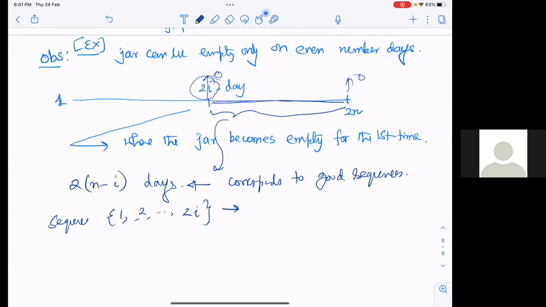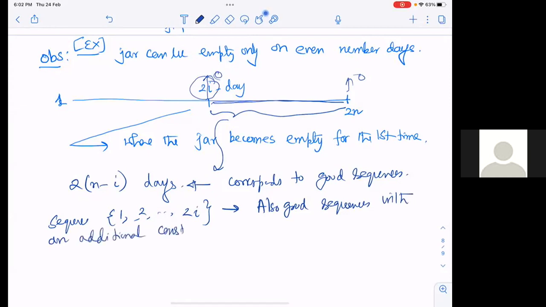So these are also good sequences, with an additional constraint that the summation of bj, j equal to 1 to k, is strictly more than 0 for all k less than 2i.